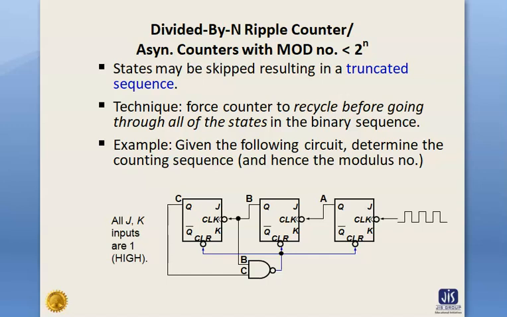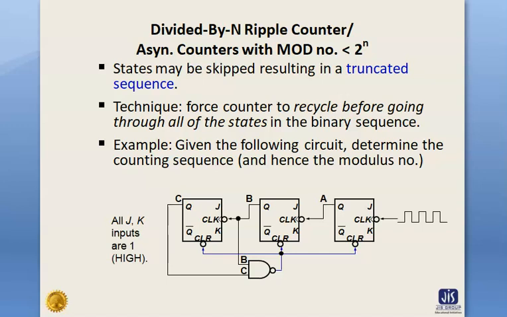The basic counter is modified to produce the required mod numbers which are less than 2 to the power n by allowing the counter to skip states that are not part of the counting sequence. One of the most common methods for doing this is by making all flip-flops reset after count n with a feedback gate in the circuit.